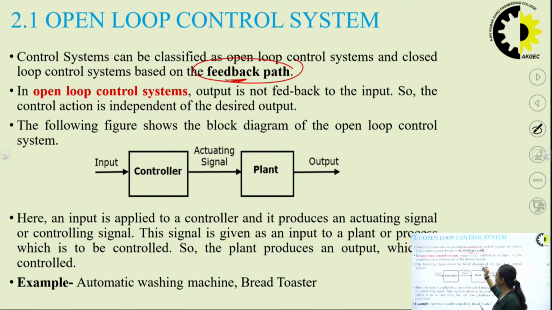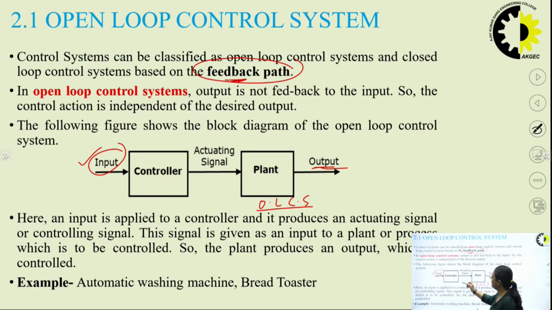An open loop control system is a system in which the output is dependent upon the input, but the input, or you can say the controlling action, is independent of the output, right? This is the block diagram for an open loop control system.